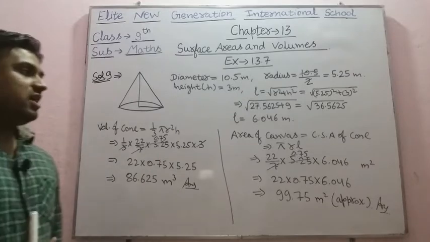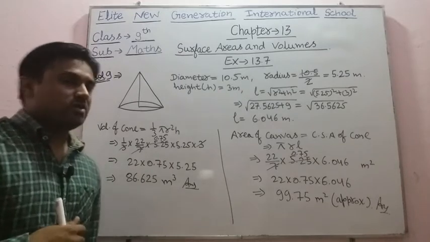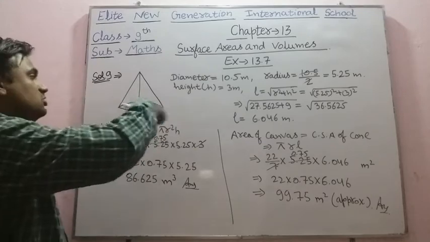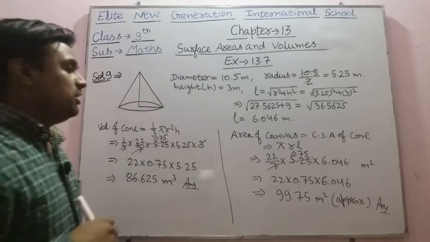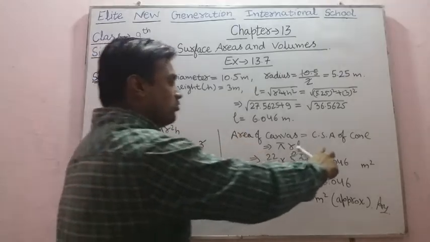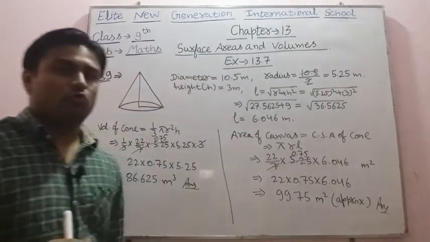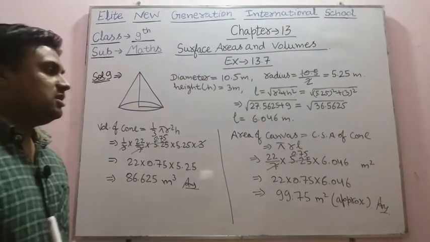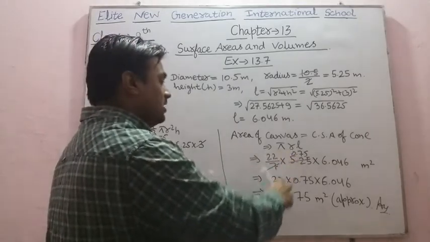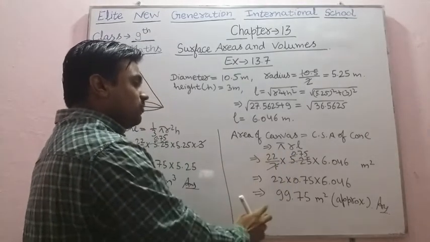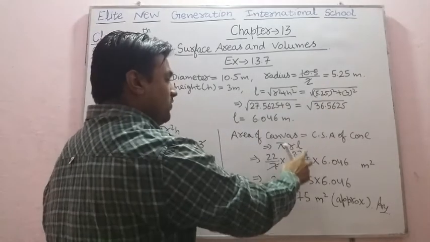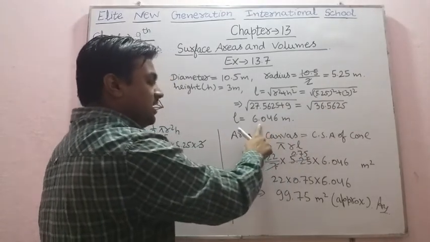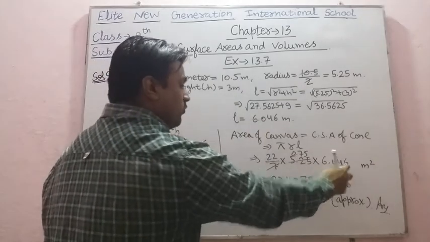Now after this we have to find the area of the canvas, which is used for protecting it from rain. So area of canvas will be equal to the curved surface area of the cone. Curved surface area of cone is given by pi r l. So putting its value 22 upon 7 into r, radius is 5.25, and l, that is slant height, we have found 6.046.